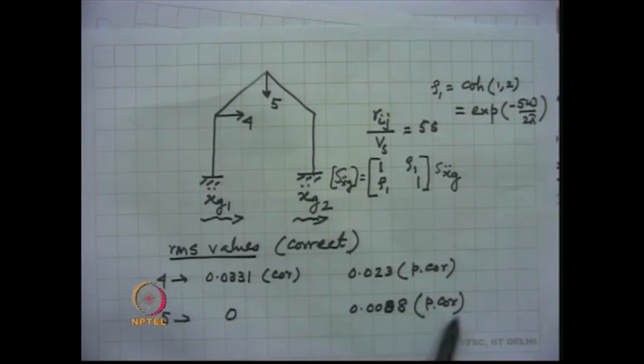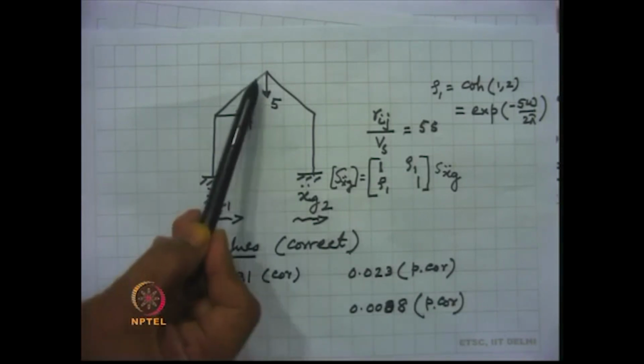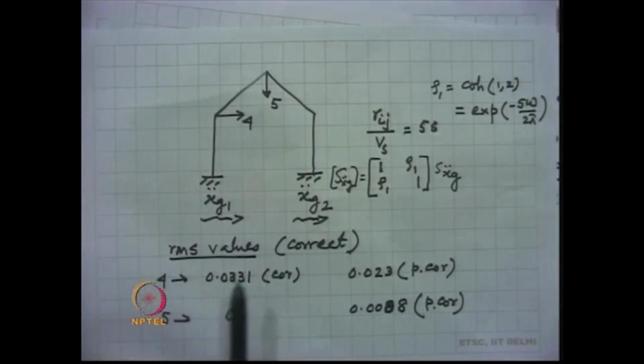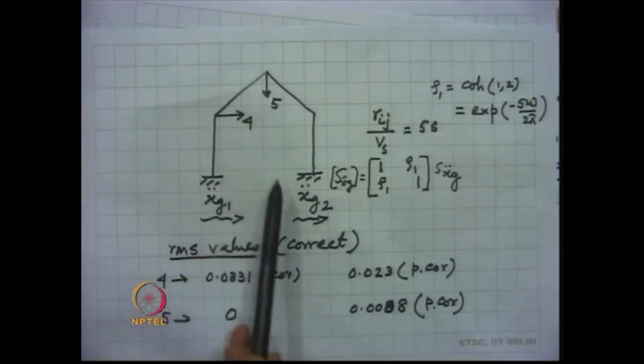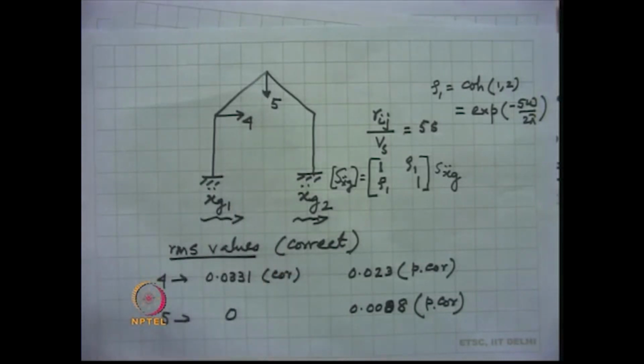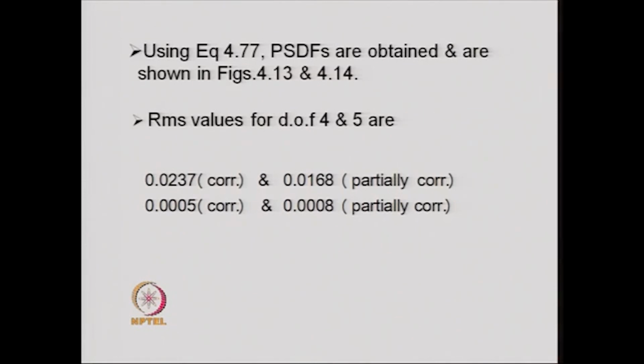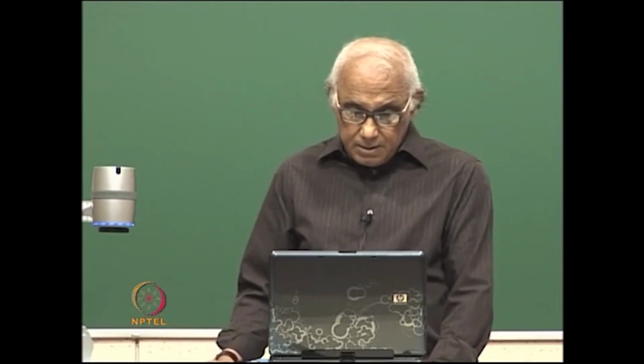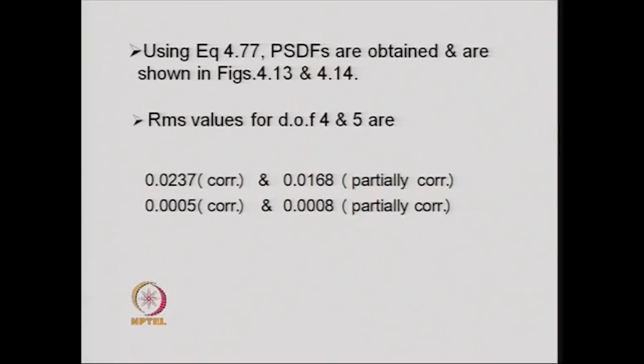When it is partially correlated, there is a little bit of displacement that occurs at the crown. So, this shows the importance of the correlation between the excitations at the two supports. If we assume it to be perfectly correlated, that is a single point excitation system, then in some cases we can get erroneous results for certain degrees of freedom.